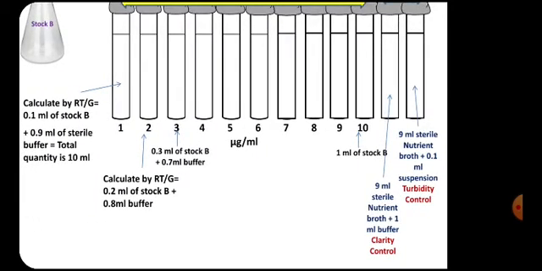One is clarity control and the another one is turbidity control. This means that you have to compare. Turbidity control will tell you how exactly the growth of this test organism appears, and clarity control will tell you if there is absence of growth, how that particular tube should appear.